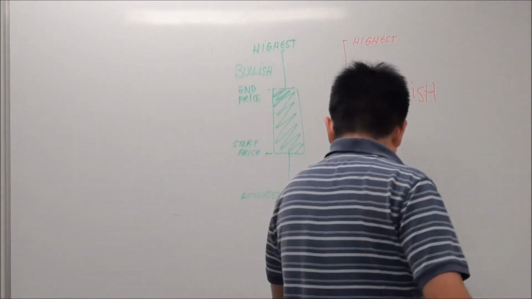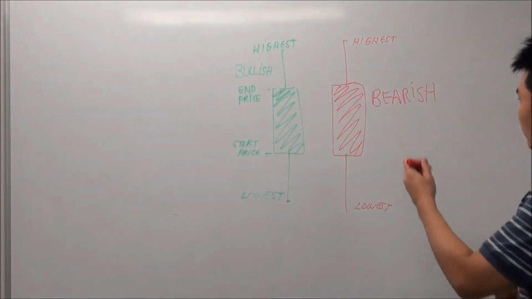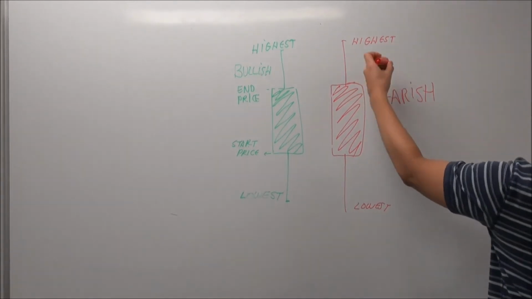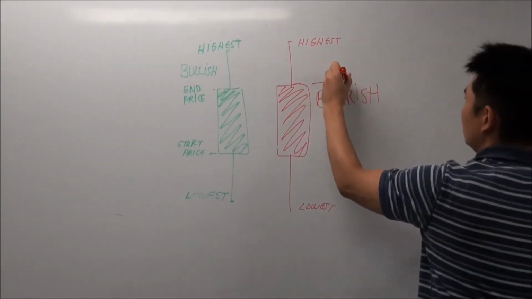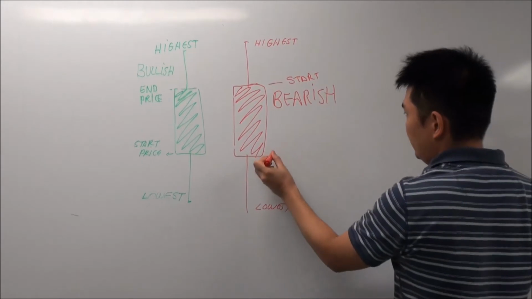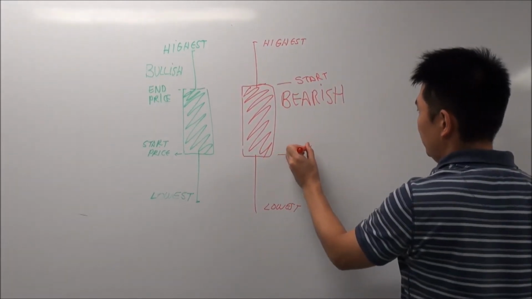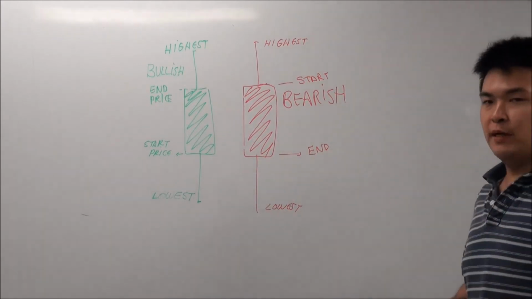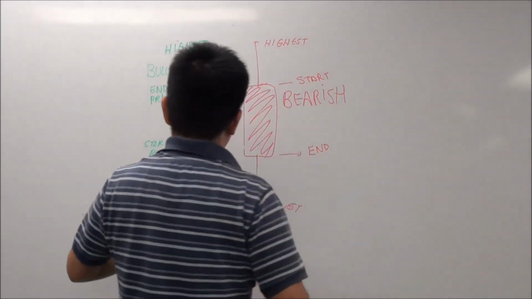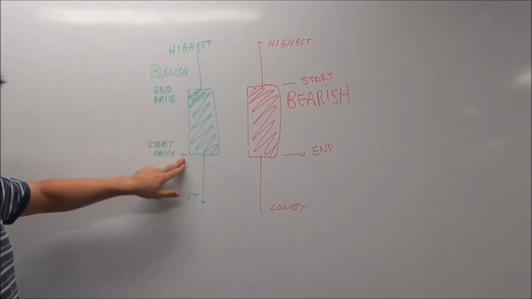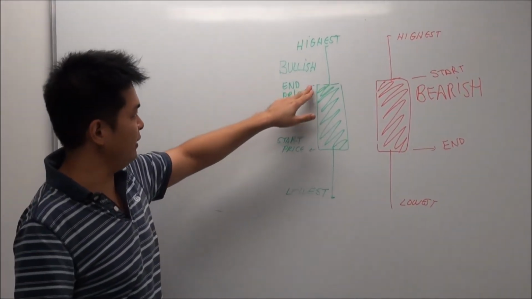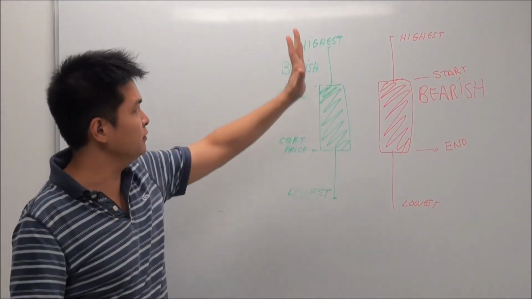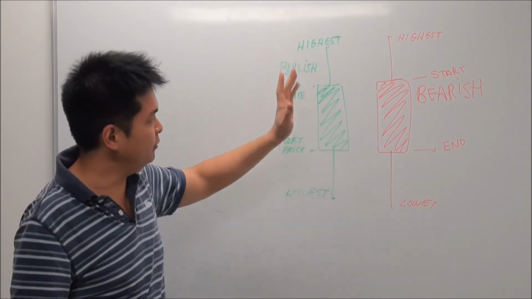On the other hand, on a bearish candlestick, this one here represents the start price, and this one here represents the end, the final price. Which makes sense, because as you see, the start price starts low and it ends high. So that means a bullish market.